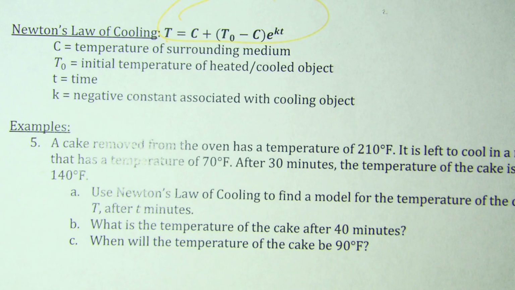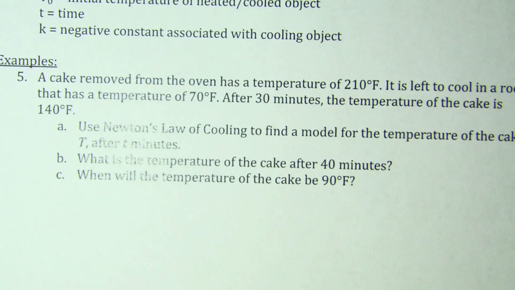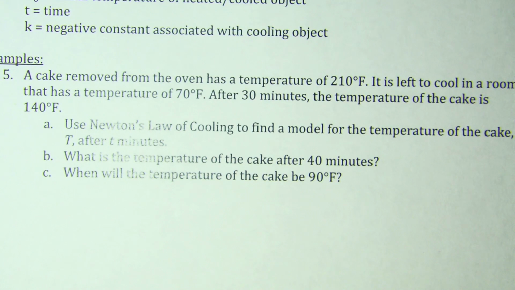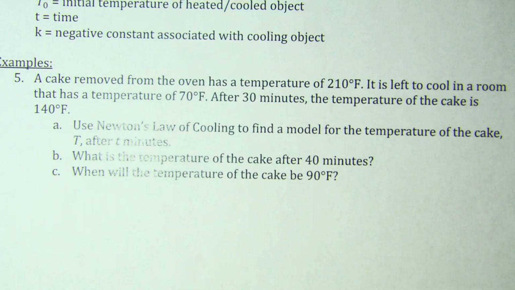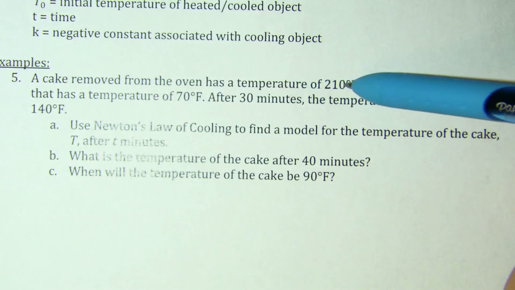So we're going to look at an example here. It says a cake removed from the oven has a temperature of 210 degrees Fahrenheit. It is left to cool in a room that has a temperature of 70 degrees Fahrenheit. After 30 minutes, the temperature of the cake is 140 degrees. So a cake removed from the oven has a temperature of 210.